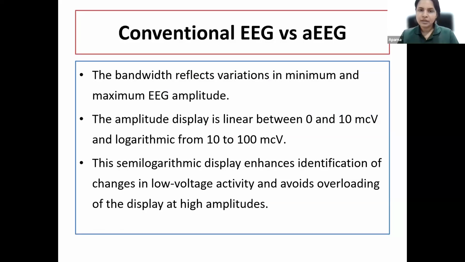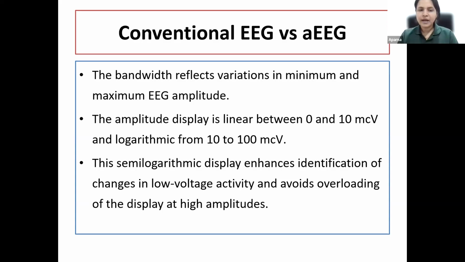Normally the bandwidth reflects the variations from the minimum to the maximum amplitude. So the greater the bandwidth, the higher the variation was. And the amplitude display is linear between 0 to 10 microvolts, and then it becomes logarithmic from 10 to 100 microvolts.